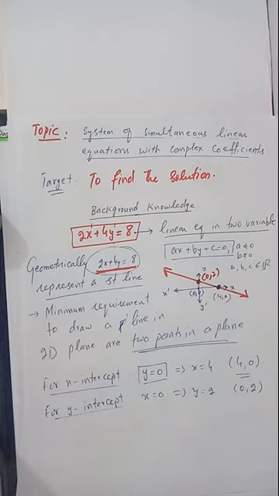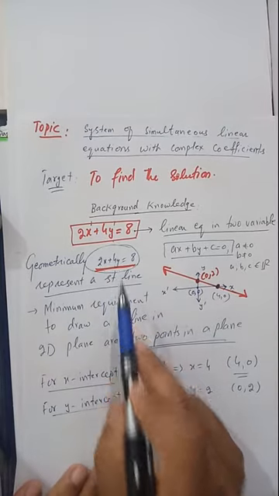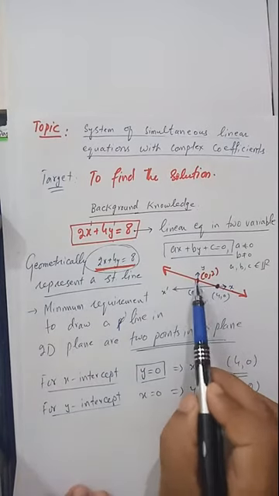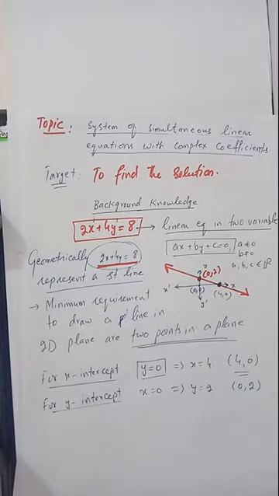Now remember, this line is the graph for this equation. So any point lying on this graph is a solution of this equation. Remember that when you draw the graph of any equation, all the points which make the graph will satisfy that equation.